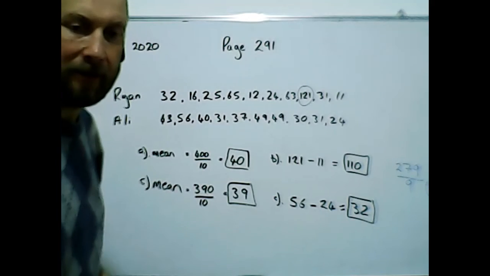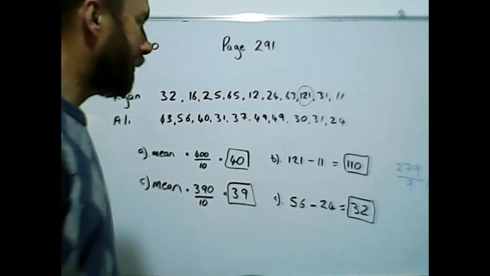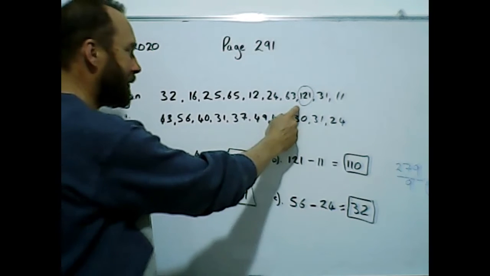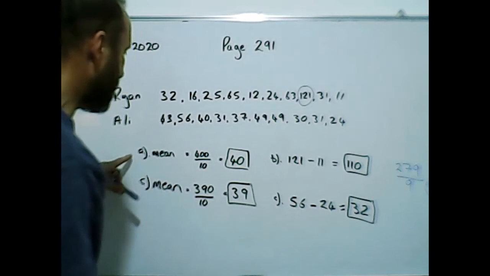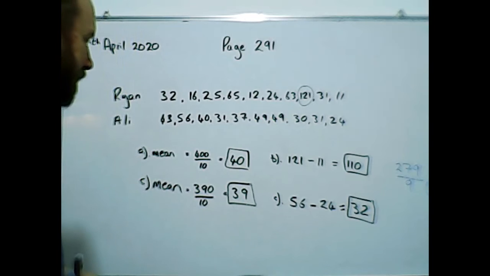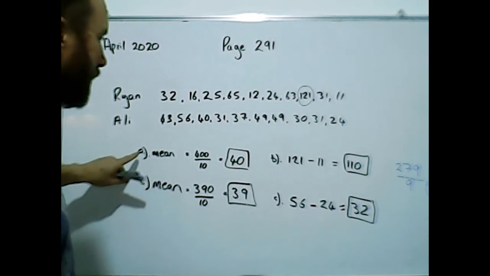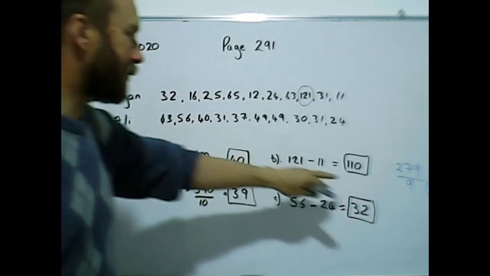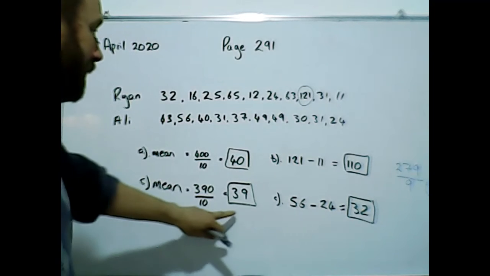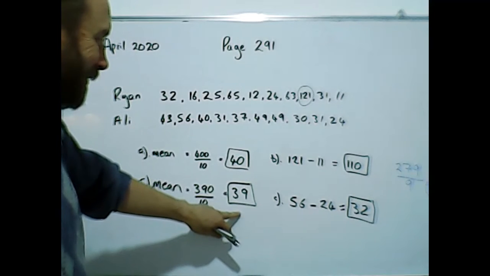Sorry, it's not very clear over there, okay? So really, apart from that one high score, their averages are almost exactly the same, really. The mean without that one high score would be 31. The mean for Ali is 39.